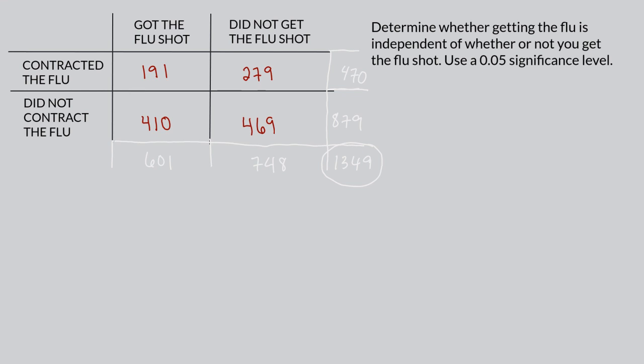So now let's go ahead and write down what our hypotheses are. So remember, our null hypothesis is independence, and our alternative hypothesis is dependence. But instead of just writing those words, let's go ahead and write a sentence in the context of the problem. So what does it mean to be independent in the null hypothesis? It means that getting the flu is independent of whether or not the person got the flu shot.